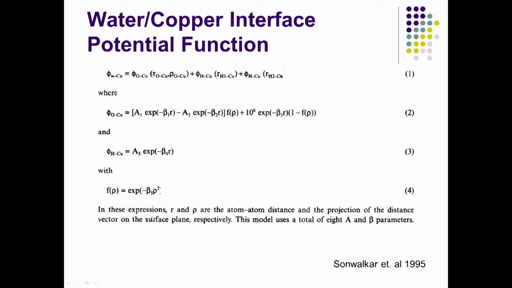I quickly went through R, the atom distance, and rho, the projection of the distance vector on the surface plane, respectively. This model uses a total of 8 A and beta parameters. As you know, for creating this I looked at a lot of experimental data, and we have 8 A and beta parameters.